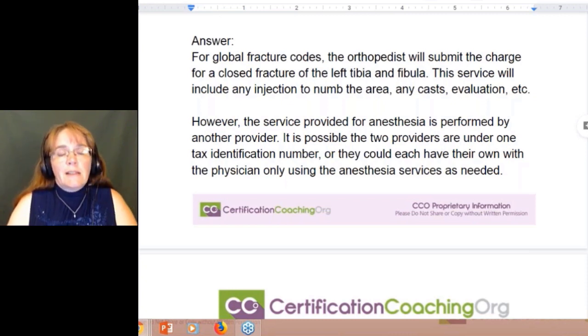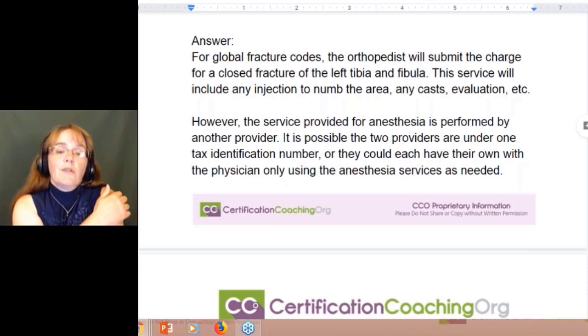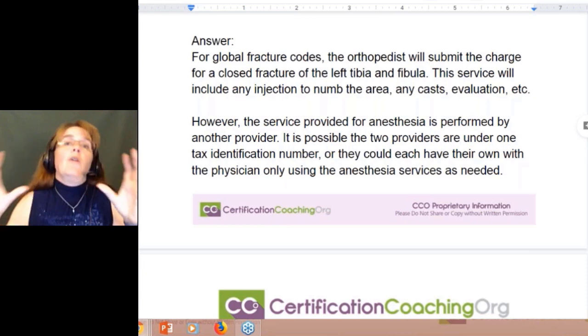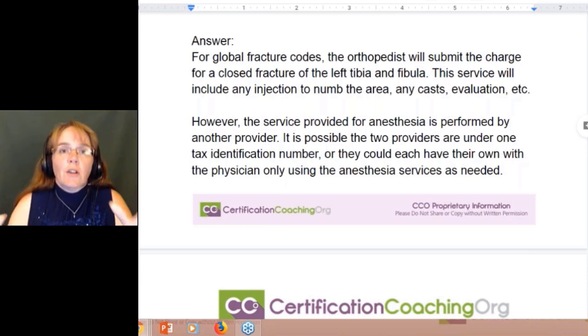But that orthopedist is going to submit a charge for the closed fracture of the left fibula. When he sees this patient and bills a global charge, it's going to include global procedures along with it. So all of the follow-up E&Ms for the next 90 days are part of that charge.